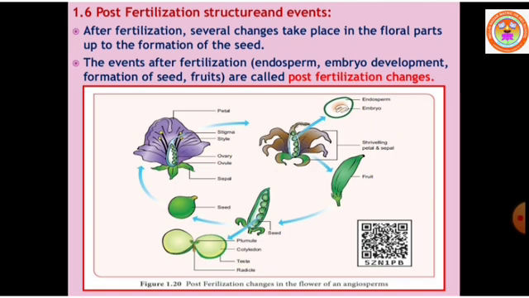So what we are going to learn today is post-fertilization structure and events that take place in sexually reproducing plants. After fertilization, several changes take place in the floral parts up to the formation of seed.